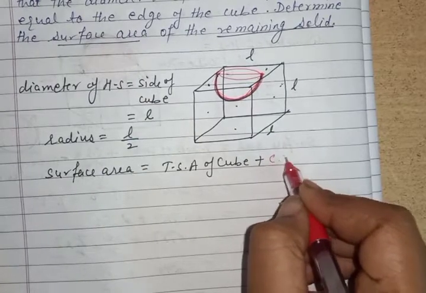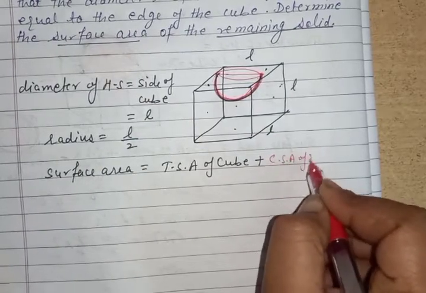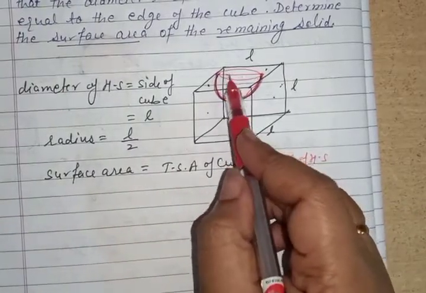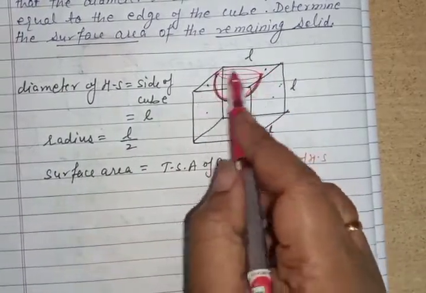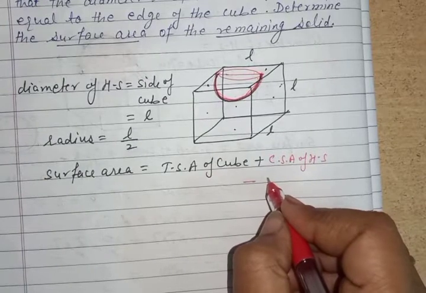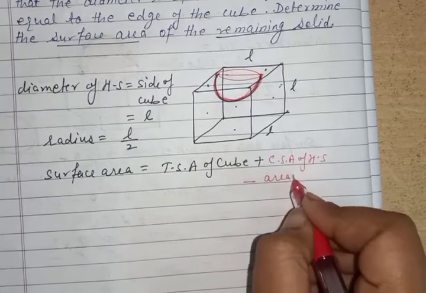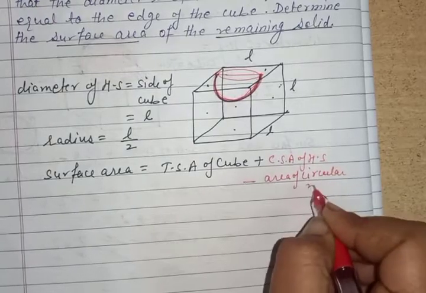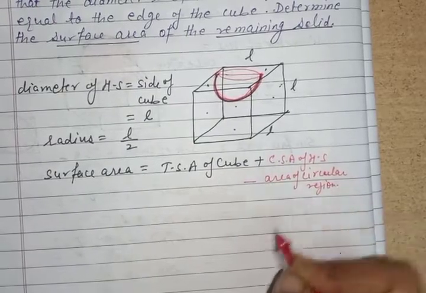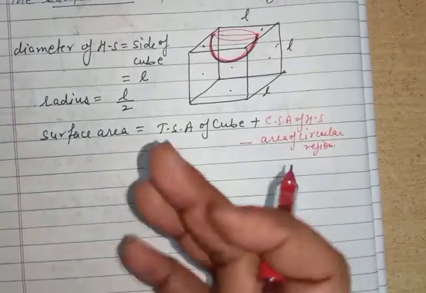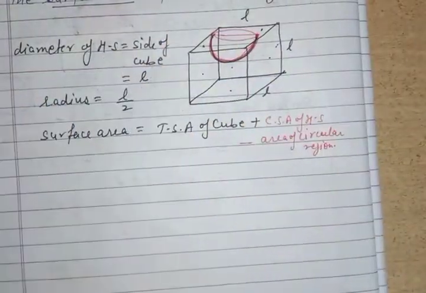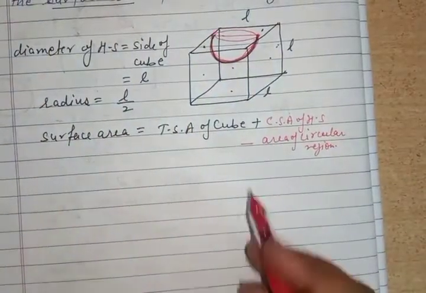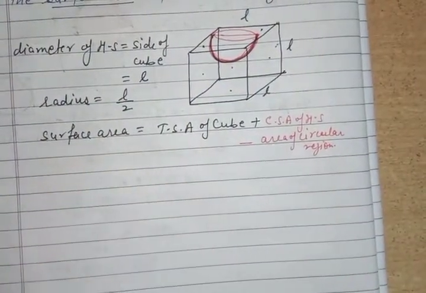So this is curved surface area of hemisphere, and minus this part is out from this upper face, so minus area of circular region. Means in the previous question the bowl was upside down, and in this case the bowl is like this, but the formula is the same in both cases.